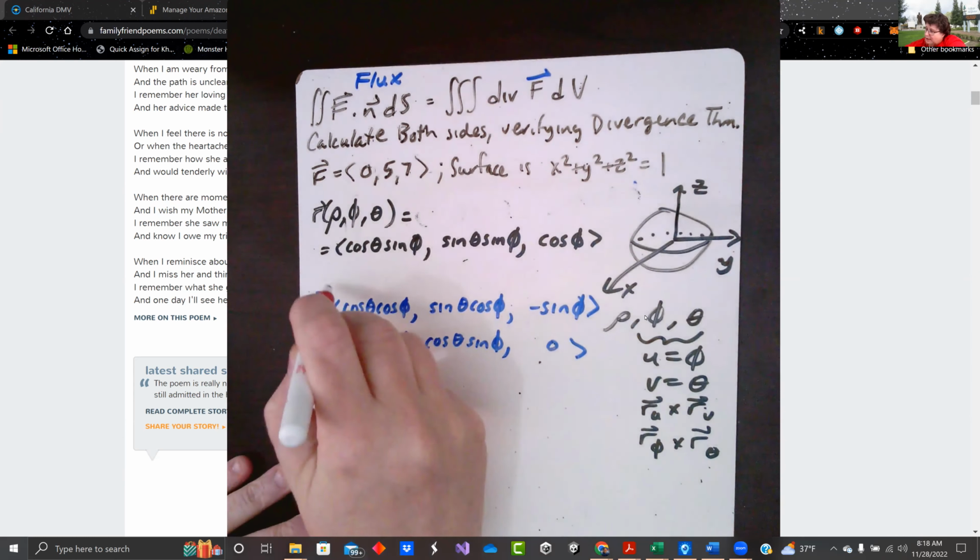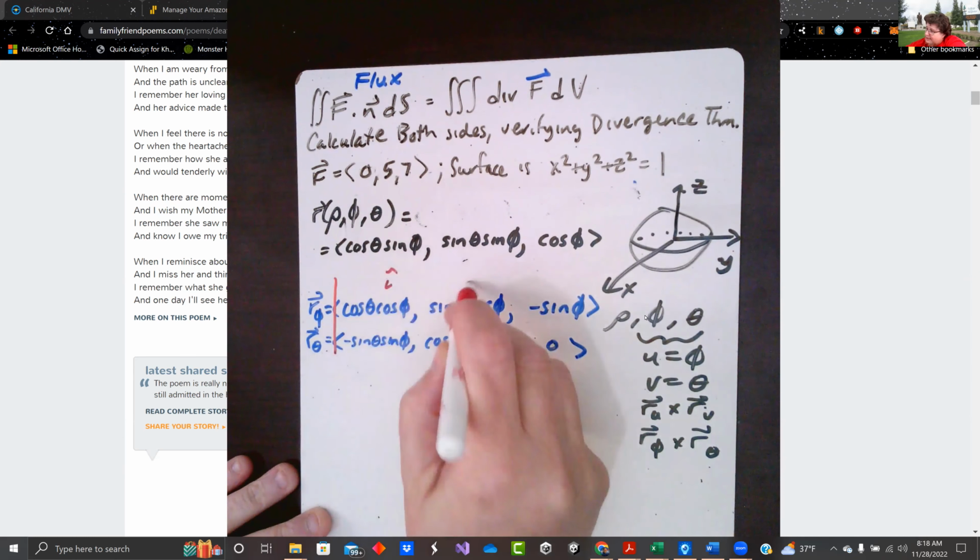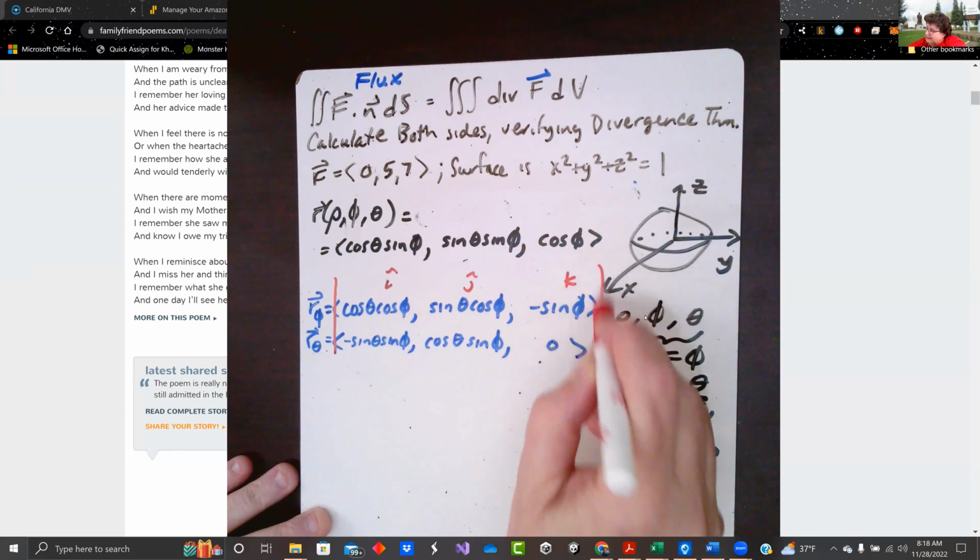And we want to do the cross product, so I'll set up a little matrix here and calculate it out.